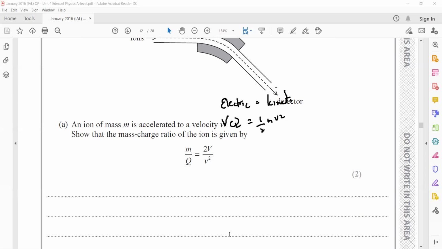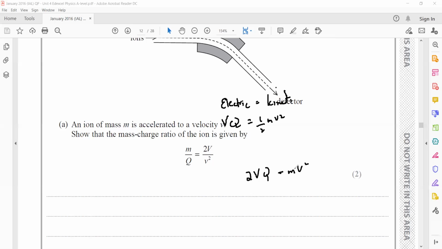And we can just substitute the values here, because we need a potential. So this 2 is divided, on the other side it will be multiplied. So it will be 2Vq equals mv squared. I need m divided by q, so I just rearrange the equation.